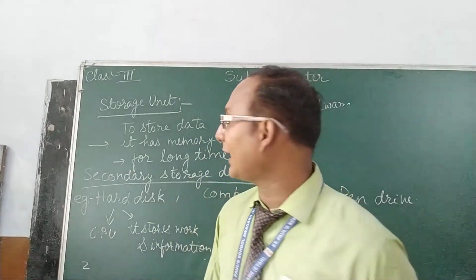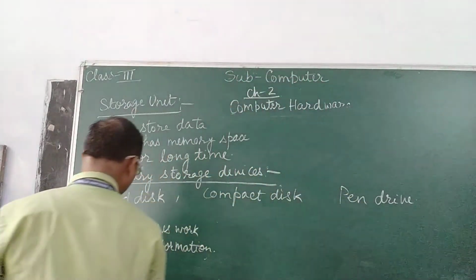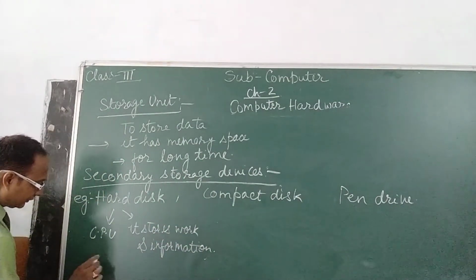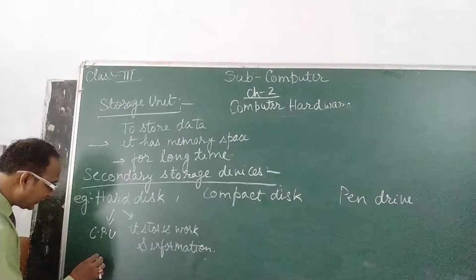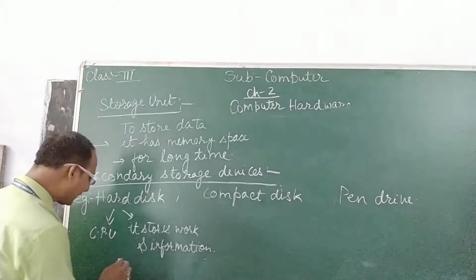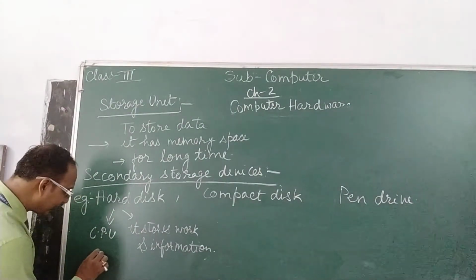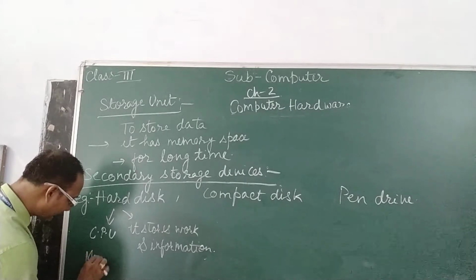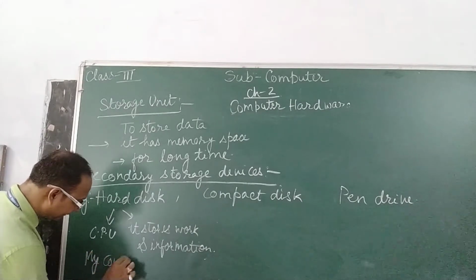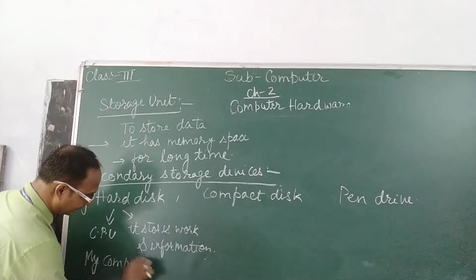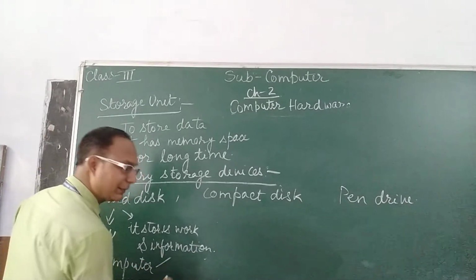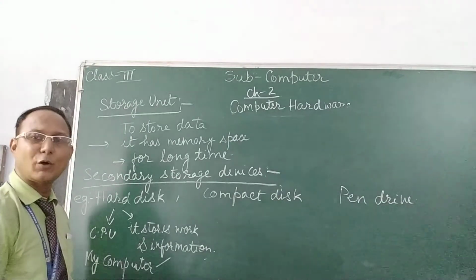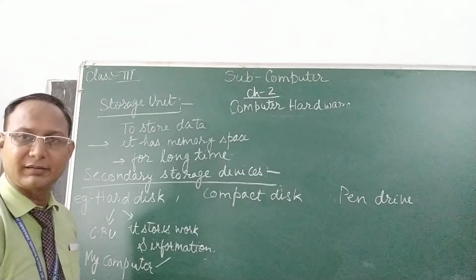You have seen the drives made in the computer. When you open the computer and click My Computer, you see the drives. It depends on the user how many drives he or she needs.